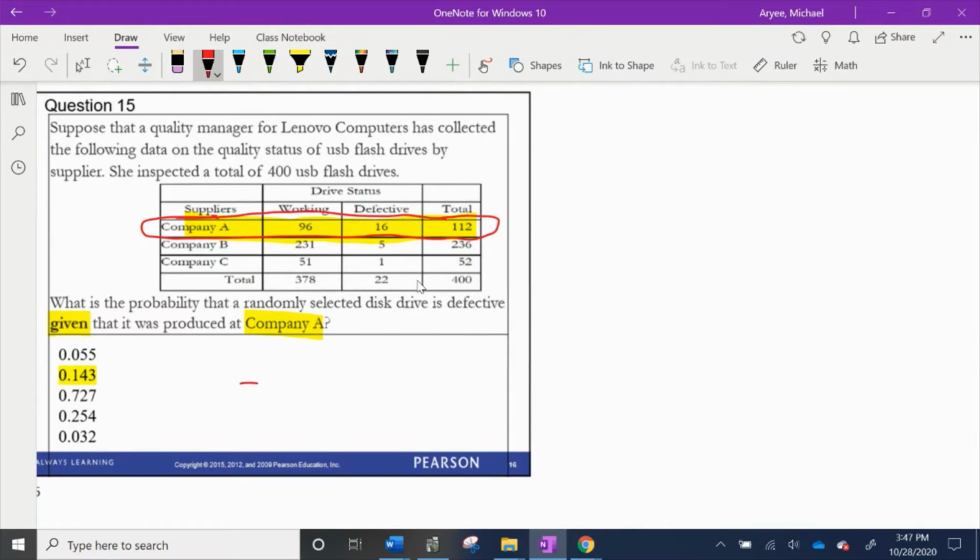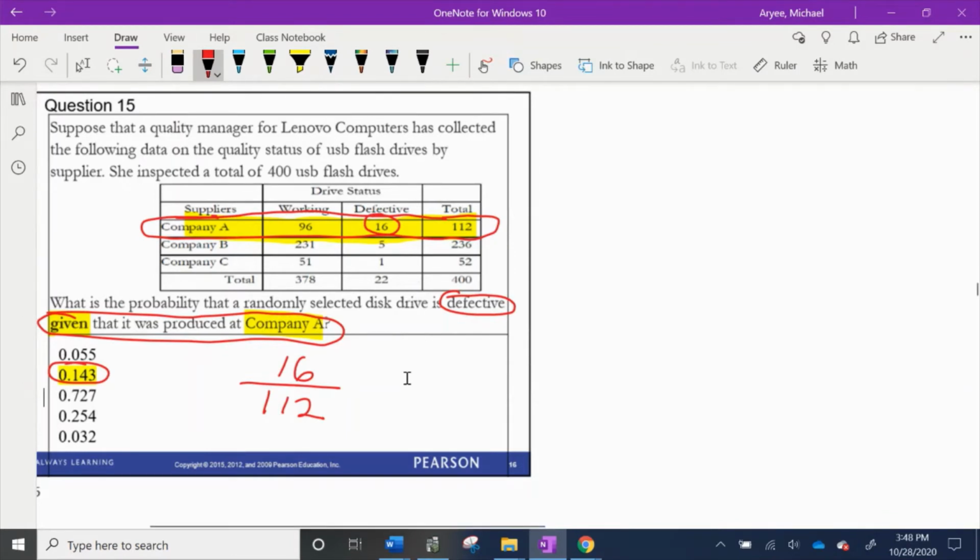Which means that your denominator will be the company A total. So given company A means that focus only on company A and ignore all the other data points. And the person says, what is defective in that group? There are 16 defective in the group, so it will be 16 over the total. And someone just double check if the answer is correct here. Yeah, I got that. Thank you.